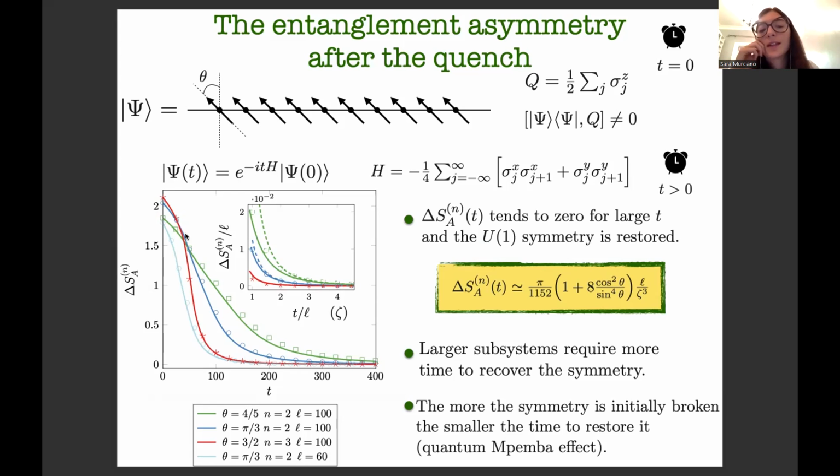So in this case the quasi-particle picture was useful, but for other kinds of quenches, like the one from the tilted Néel state, we are still trying to understand the best way to study this object. Also because there is not only one symmetry; even in this model, there are infinitely many. Well, yes, in this case we focus on the U(1) symmetry only. Maybe it's interesting also to study the interrelation between them, given that there are infinitely many.